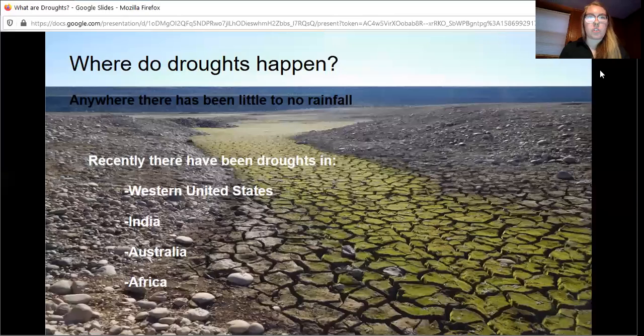So we don't generally go into a drought because of the climate, which is different than weather. Weather is what happens every single day, if it rains, if it snows, but climate is over a long period of time. And we know in the Northeast, which is where we live, that over a long period of time, we get a lot of rain. So we don't usually worry about droughts.